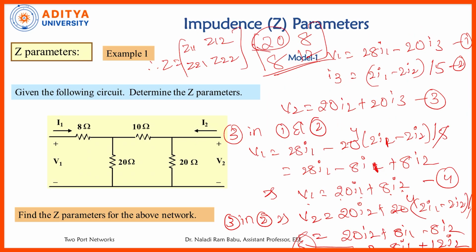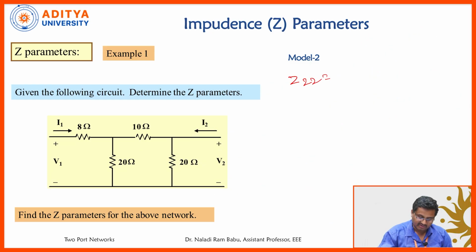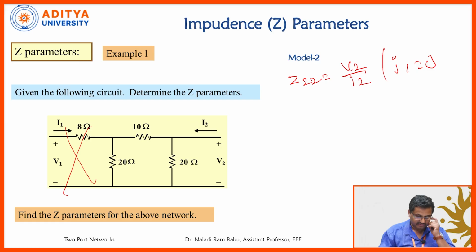Now, let us calculate this Z22 part. In order to calculate the value of Z22, Z22 is equal to V2 by I2. At that time, I1 equal to 0, that means in this path no current is flowing. Therefore, Z22 is equal to, here it is 20 ohms.